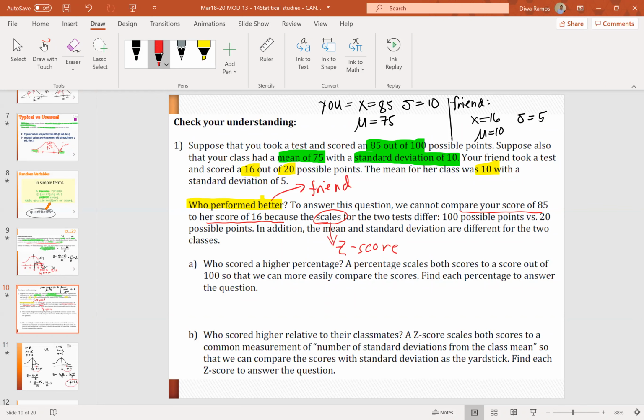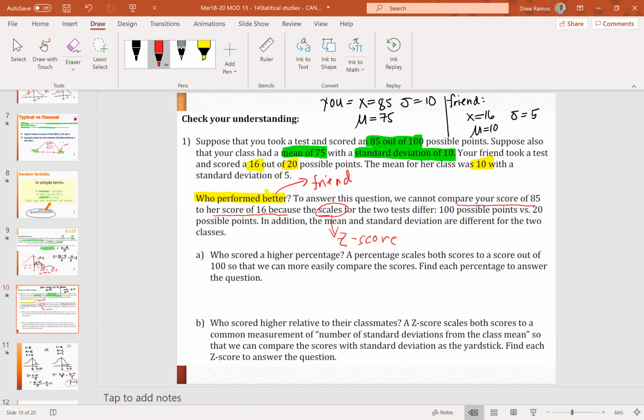Okay. So who scored a higher percentage? A percentage scales both scores to a score out of 100, so that we can now easily compare the scores. Well, as far as percentages are concerned, the first one is 85 out of 100 versus 16 out of 20.